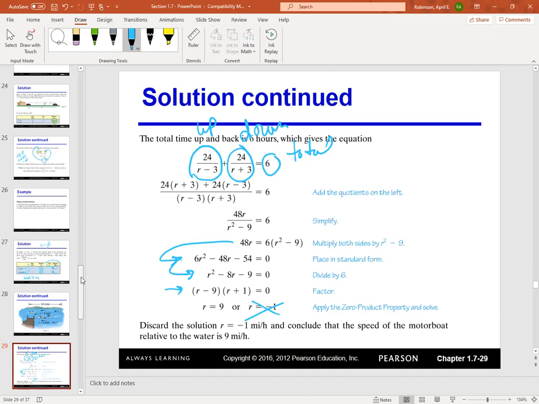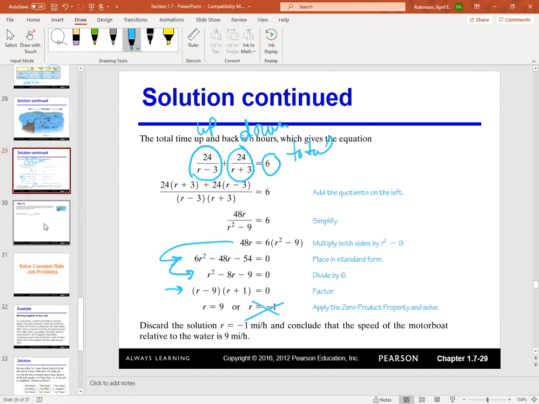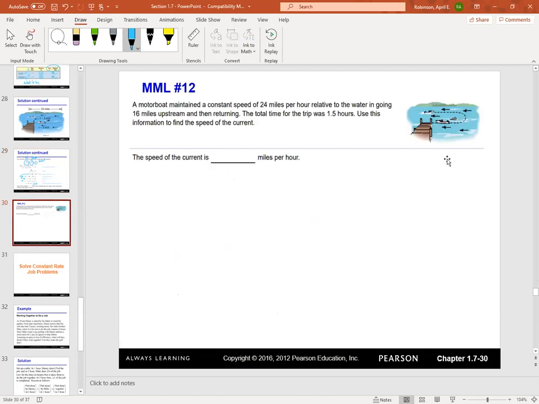Whew. Okay. Let me grab my math lab one. It's another motorboat problem. Okay, same miles per hour. Oh, now this time they told me the speed of the boat. The motorboat maintained a constant speed of 24 miles per hour relative to the water in going 16 miles upstream and then returning.